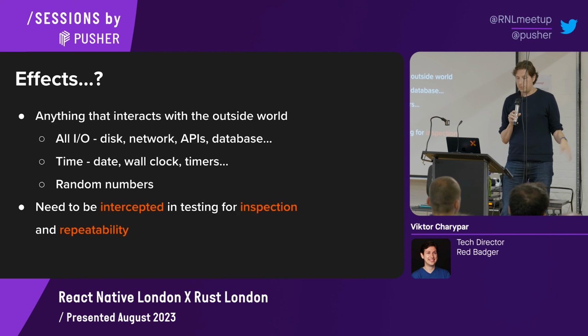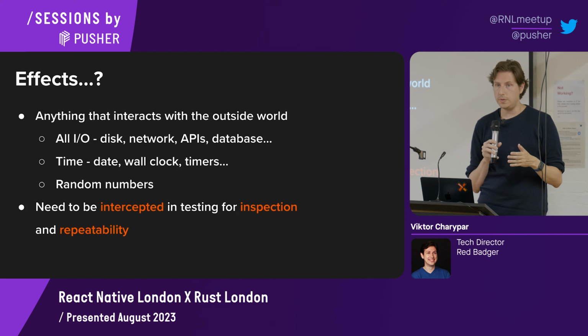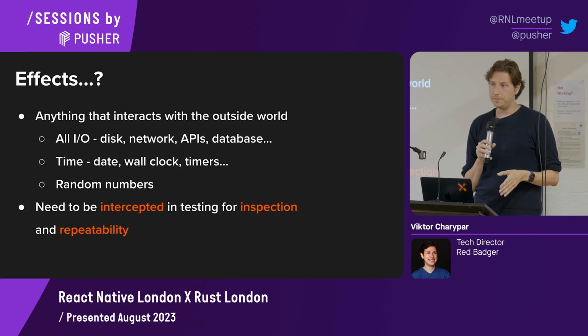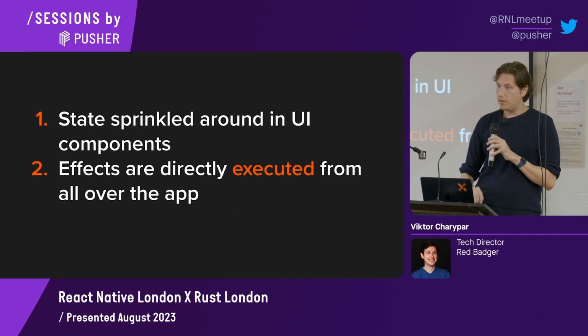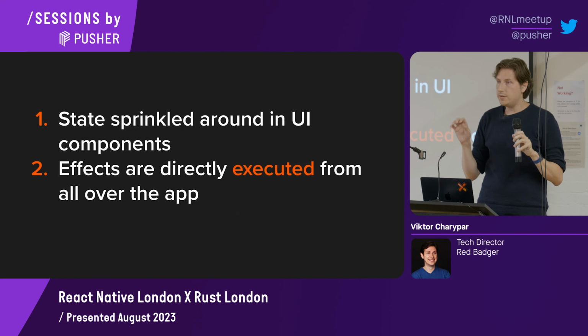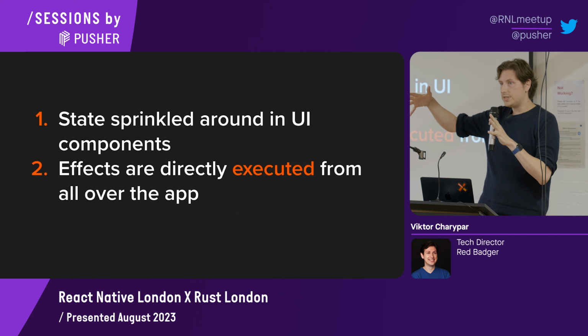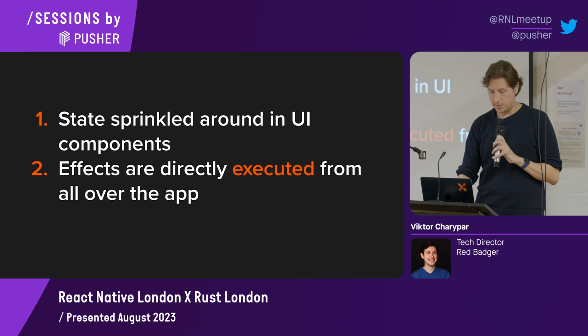So all input, output, disk, network, APIs, everything to do with time, random numbers, basically everything that in your tests you need to intercept, look at whether it's doing the thing that you want it to do, and stop from happening to make it repeatable. And if I come back to this slide, all of that is all over the place. So it's really hard to catch all of the instances of those things happening and say, this is what the state of the world looks like for my test so that I can express the expectations.